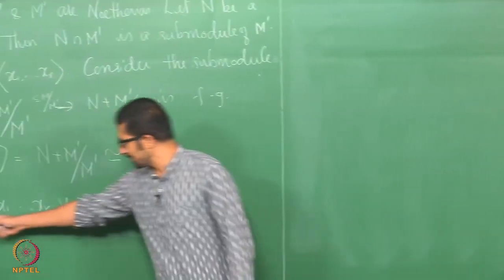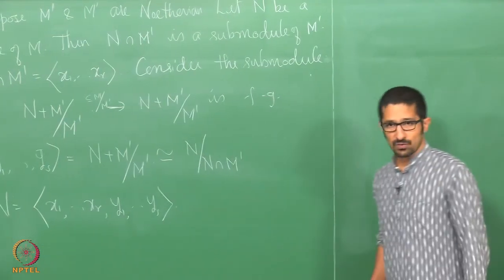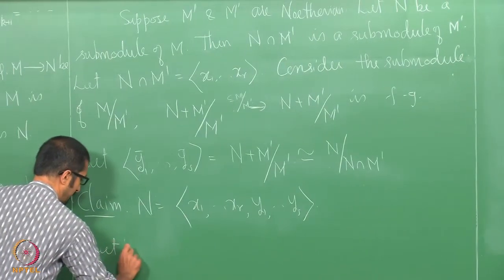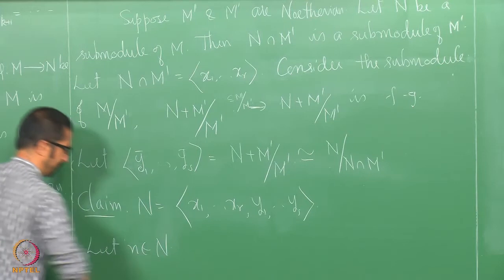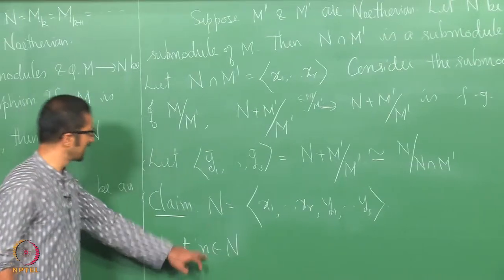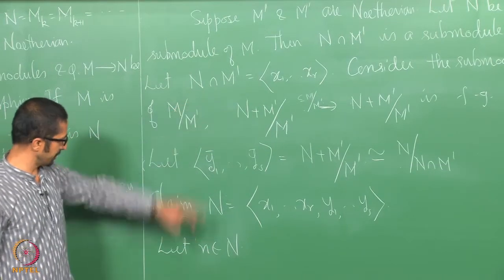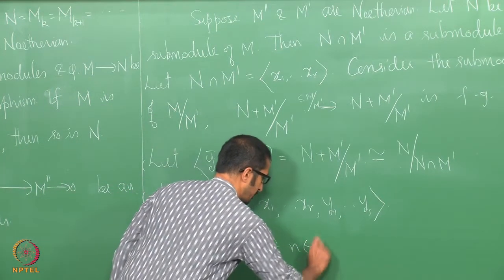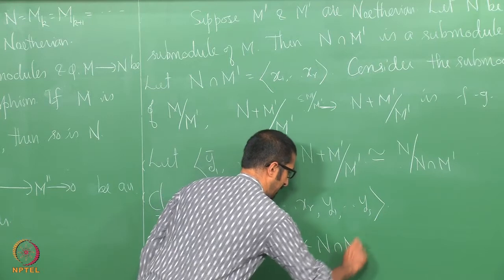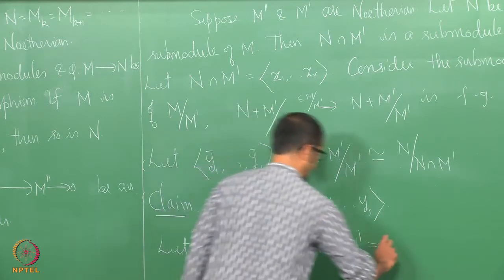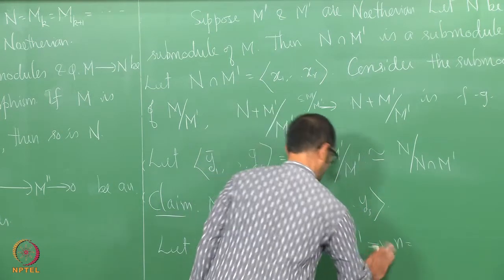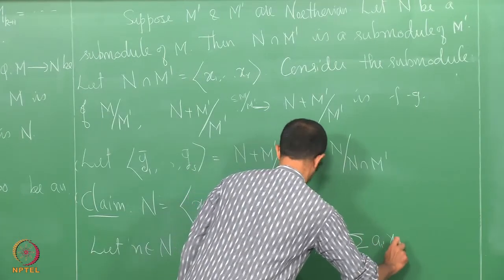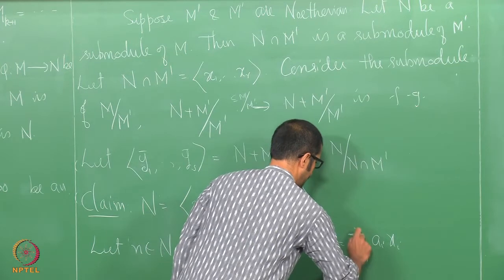So, let us start with some element n in N. If n belongs to N intersection M', then n is the summation ai xi, i from 1 to r.